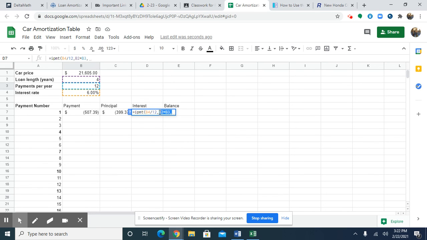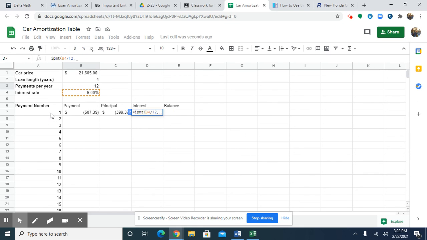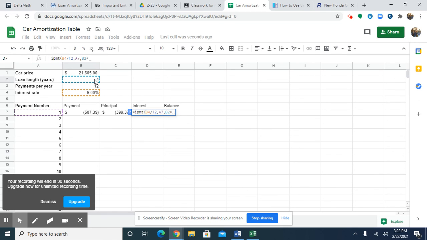Actually, before that, we need to highlight the payment number. And then again, B2 times B3. And then the price of the car, and that gives us the interest amount of 108.